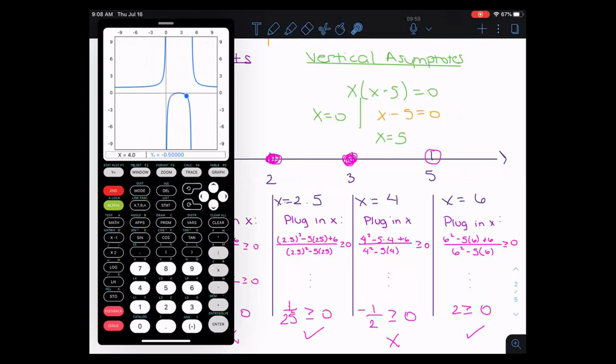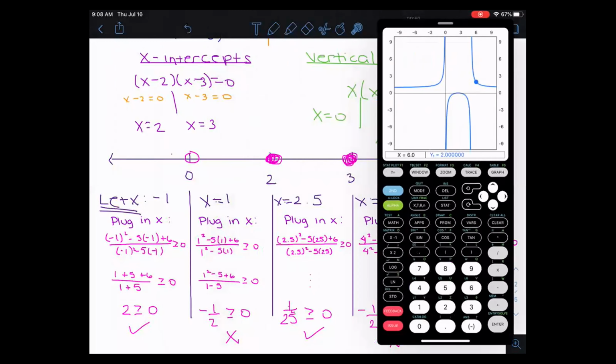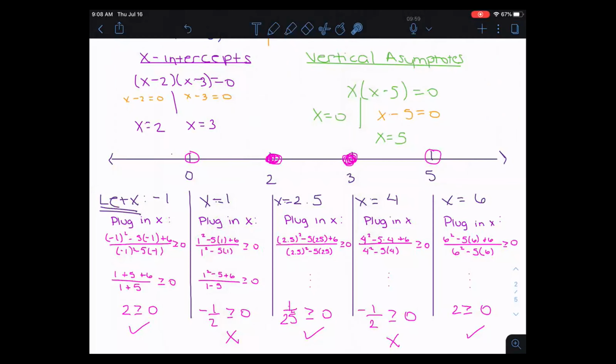Then if you want to do the other one, you can hit 6 and see that at 6 it is equal to 2. So that's what this y value tells you. Then 2 is greater than or equal to 0, so that interval works. So that's how you can do this on the calculator. But if not, just plug it in, just evaluate it. Same thing. That was just like a tiny shortcut.